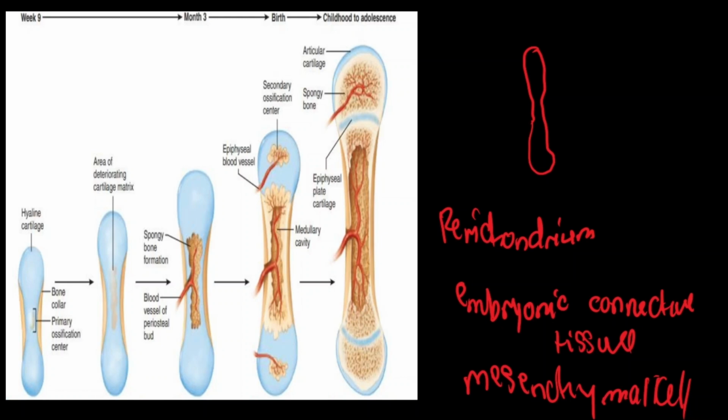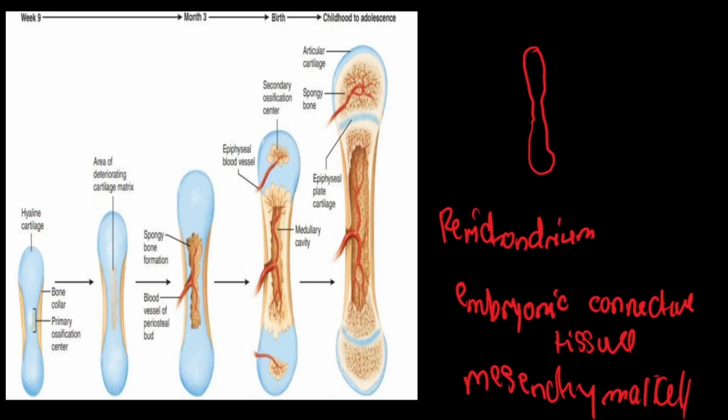These mesenchymal cells line the inner layer of the perichondrium, and they become differentiated into osteoblasts. Of course, we earlier saw that osteoblasts are the matrix secreting cells of bone, so they secrete the bone matrix.